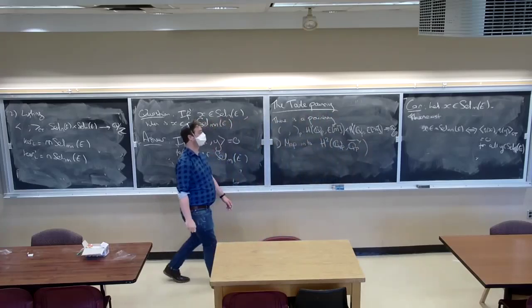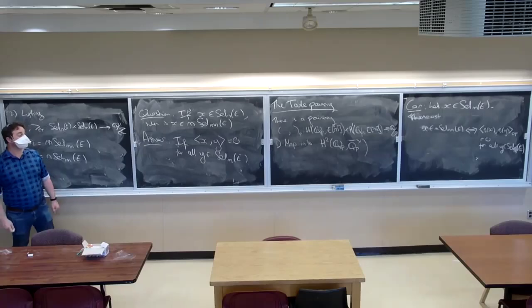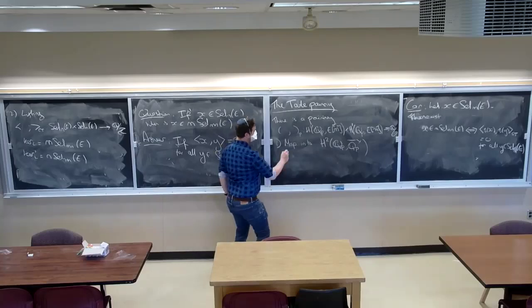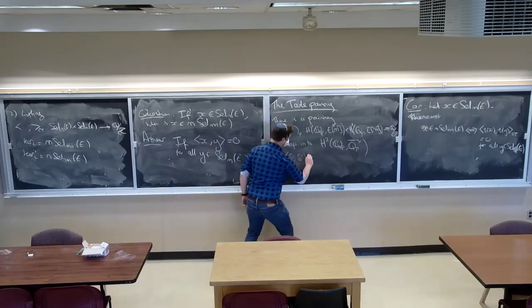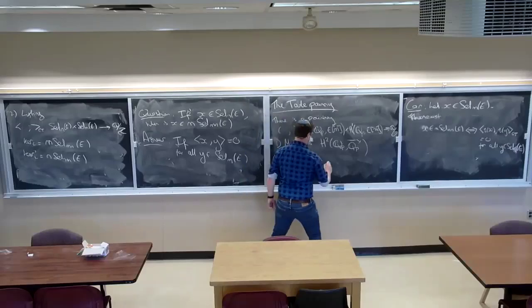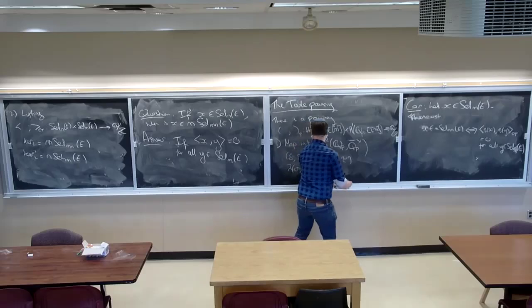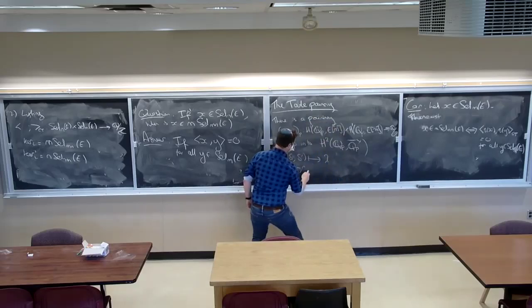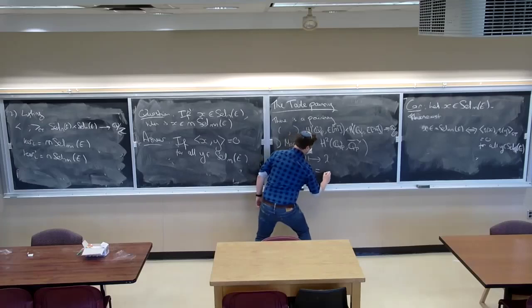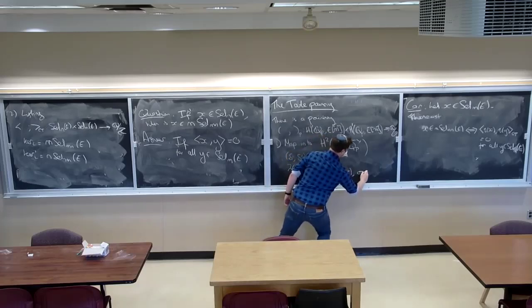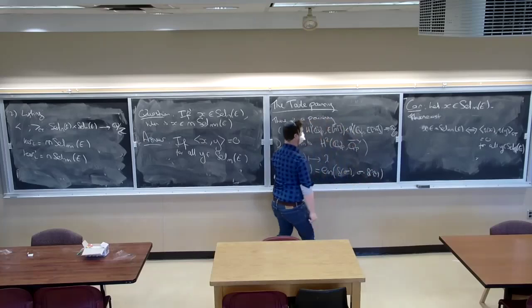I'm going to do that using the cup product, but I can be really explicit about this. I need to write down a cocycle that depends on these two, so I need to tell you where delta and delta prime go. It's going to go to the cocycle I'll call lambda, where lambda applied to sigma and tau is the m-th Weil pairing of delta of sigma with sigma applied to delta prime of tau.